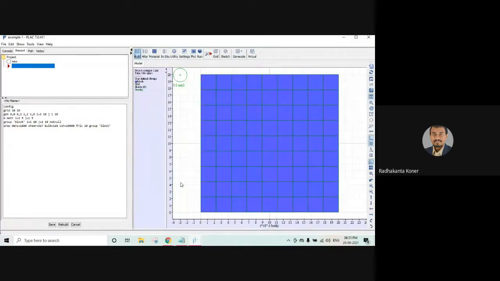Then in all the calculations of FLAC, we are using two moduli. Instead of using Young's modulus and Poisson's ratio, here we are using shear modulus and bulk modulus. Shear modulus is equal to the value, and bulk modulus is equal to the value.